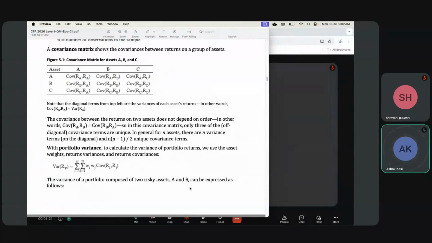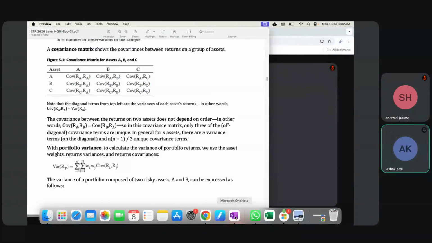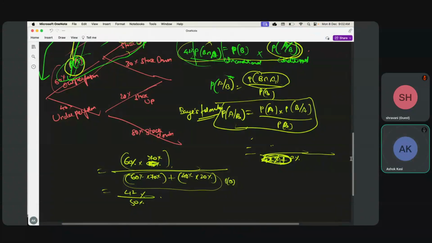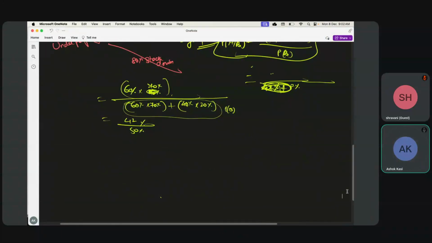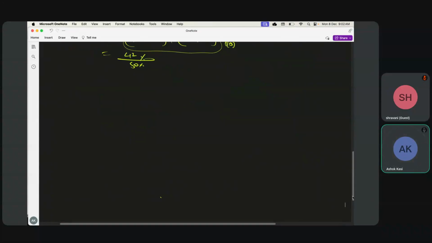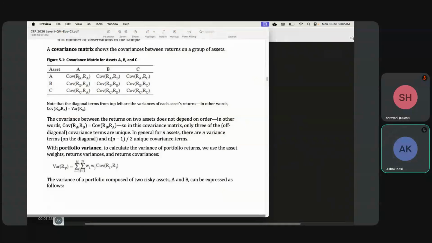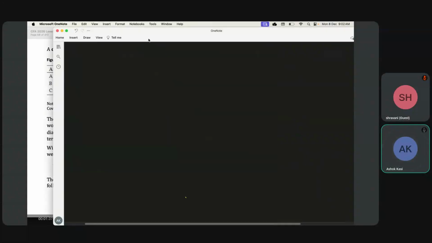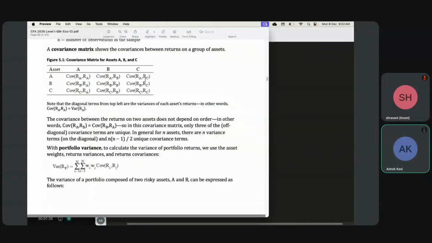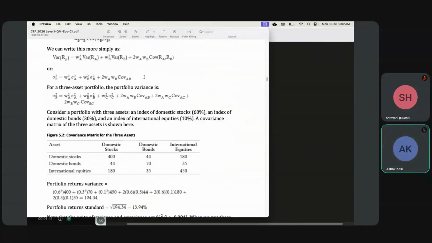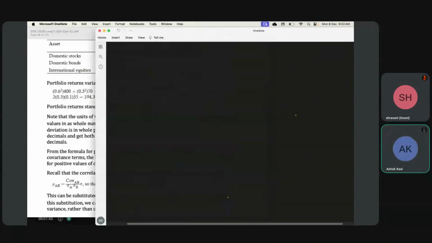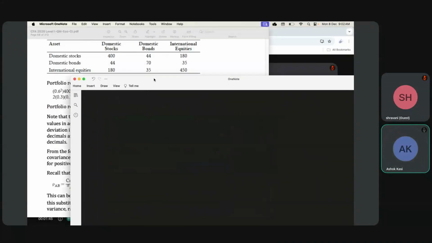For example, if I do this one now, I will not do the entire sum, but I will give you the idea.